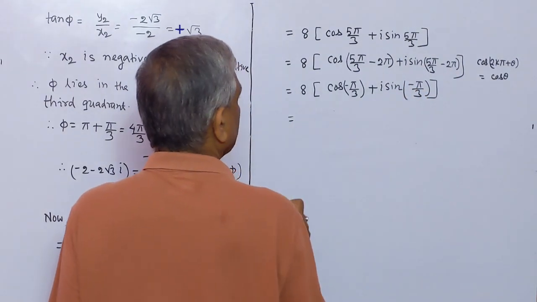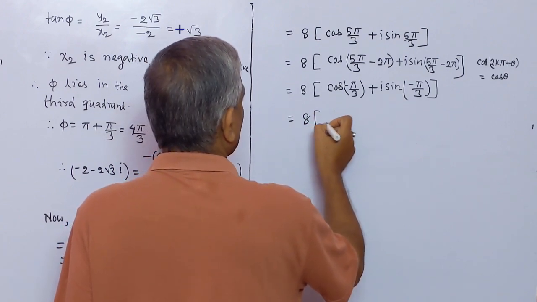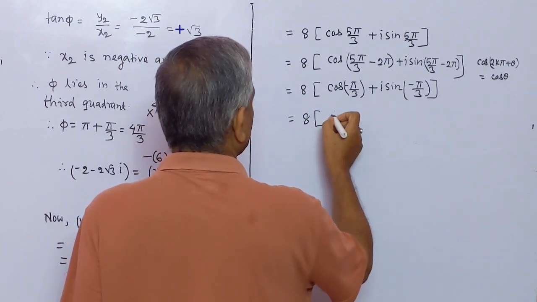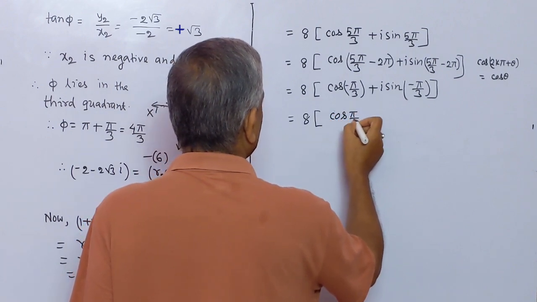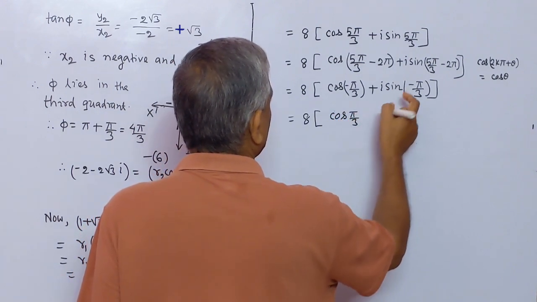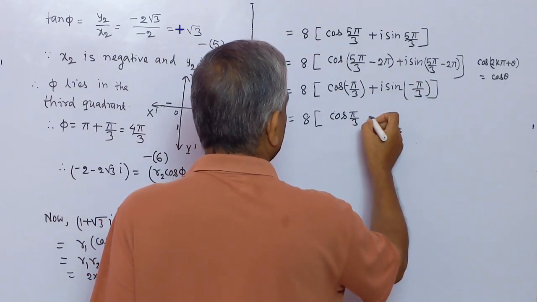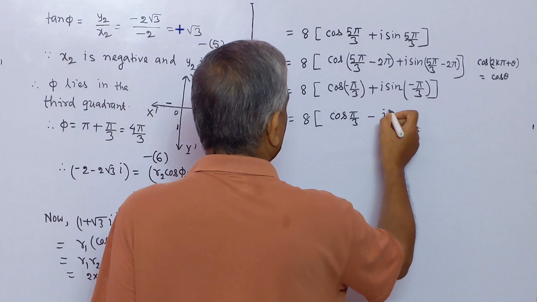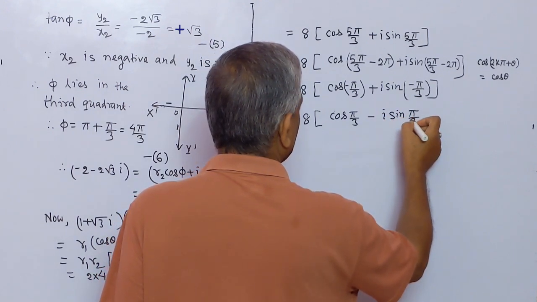This equals 8, cos minus theta equals cos theta, so cos pi by 3. Here sin minus theta equals minus sin theta, so here minus I sin pi by 3.